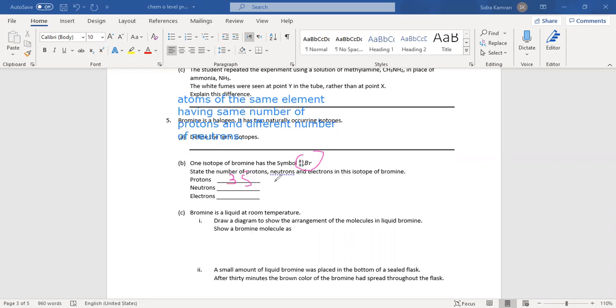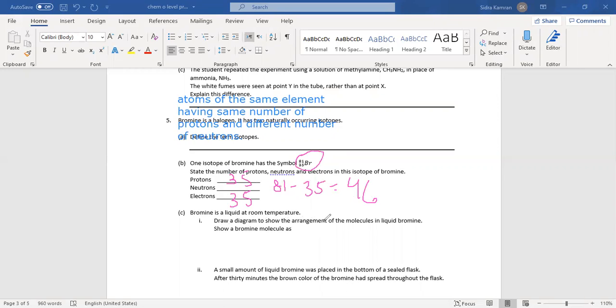To calculate the number of neutrons, you subtract 35 from 81. So 81 minus 35 equals 46. So bromine has 46 neutrons. Last one is electrons. As we know, a neutral atom has the same number of electrons and protons, so 35 electrons.